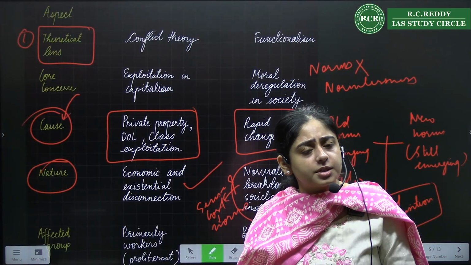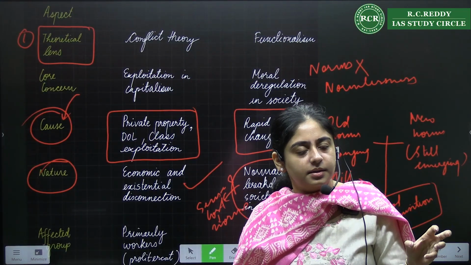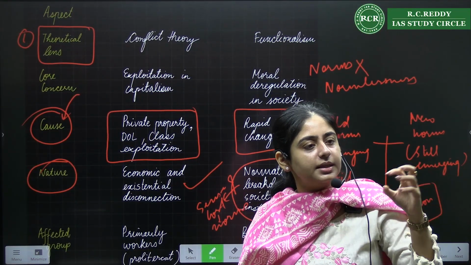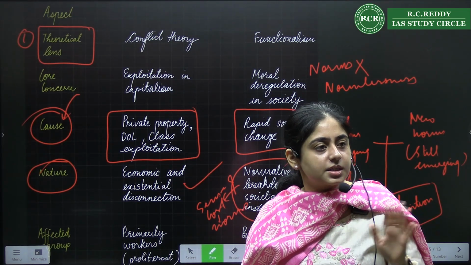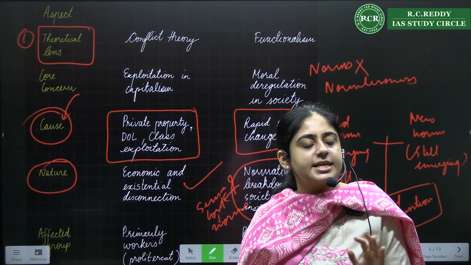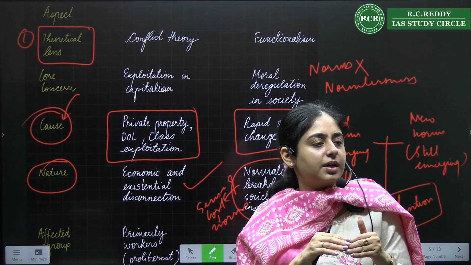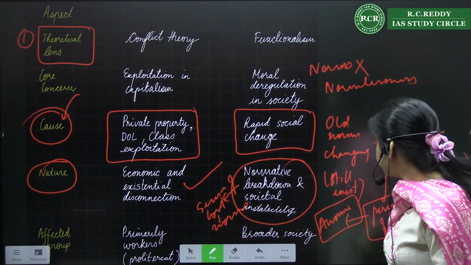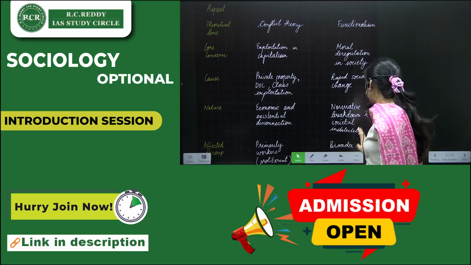Or even if he talks about alienation in previous modes, it is related to one group of people. He's not talking about the entire society, because in the hierarchy, whoever is the master or the lord or the capitalist, they don't undergo this sense of alienation. It is only when you are beneath in the power hierarchy that you will be affected. So the affected group for both of them is different in nature.